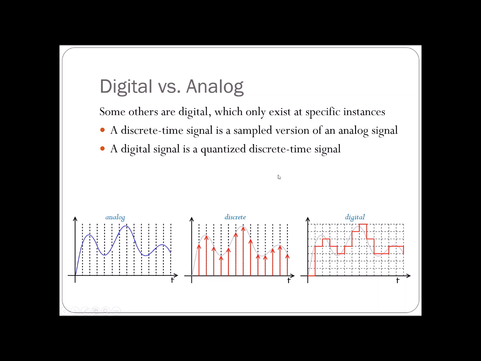So if you look at this example of an analog signal, where the signal is continuous here, when you want to record it and store it in digital format, like the music in your cell phone or on your compact disc, the analog signal has to be discretized first.